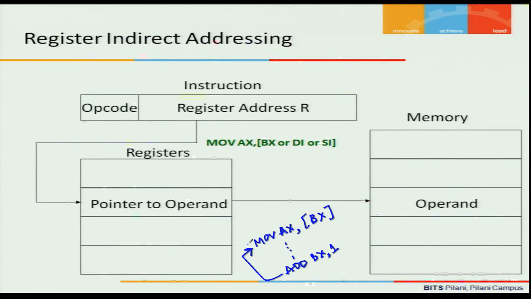So all that you have to do is continuously go on increasing the BX value by 1, and you can go to the next location in the memory, get the new values from that location and do a shifting. So this is the importance of register indirect addressing.